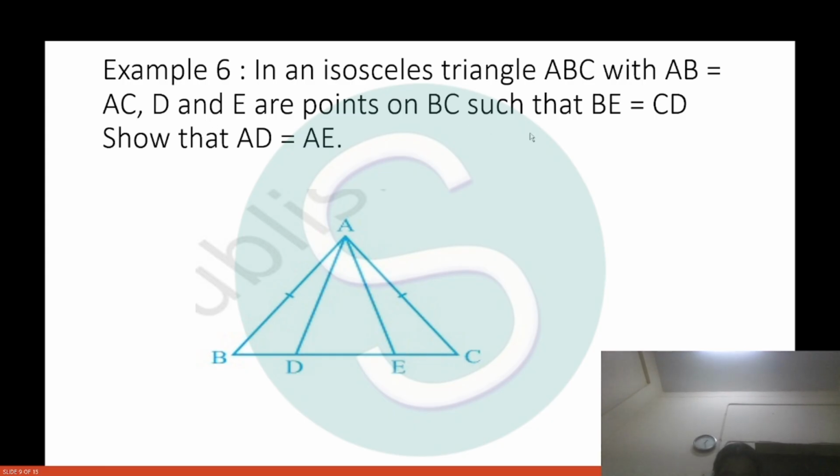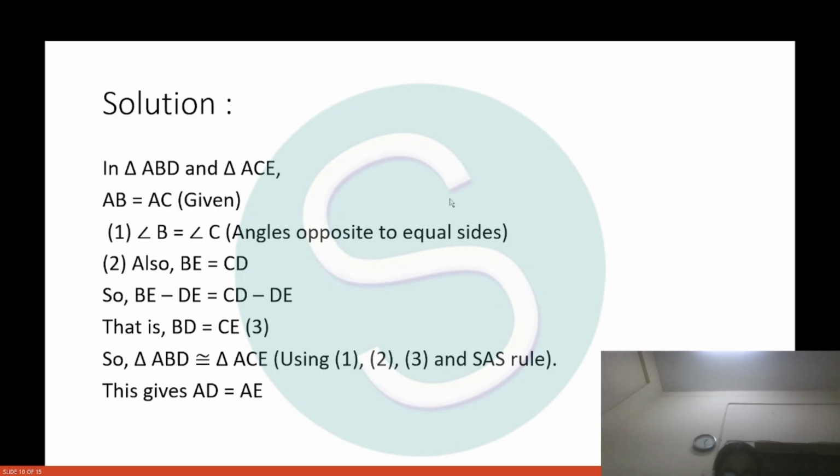D and E are points on BC such that BE equals CD. So here it is given BE is equal to CD. We have to show that AD equals AE.